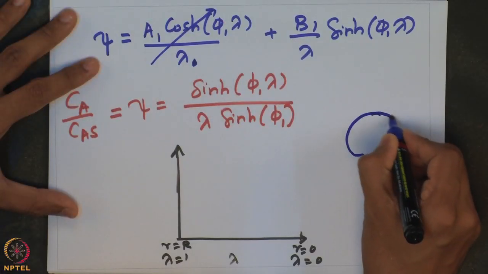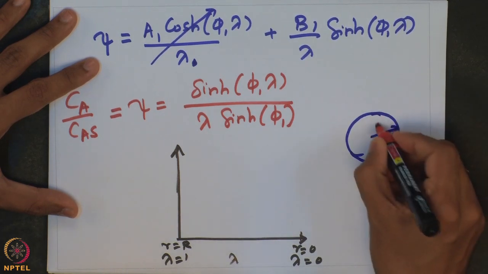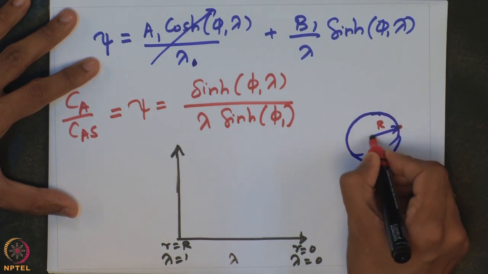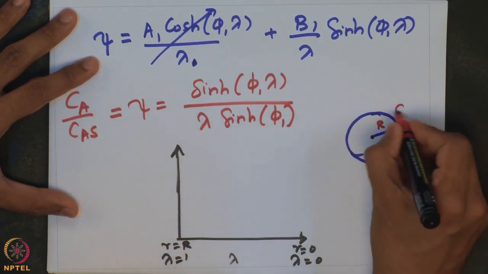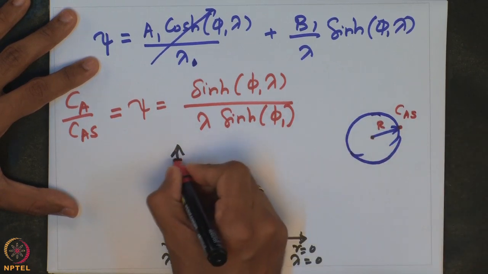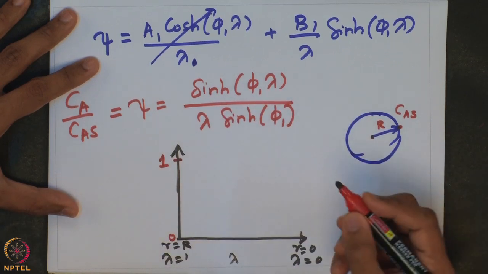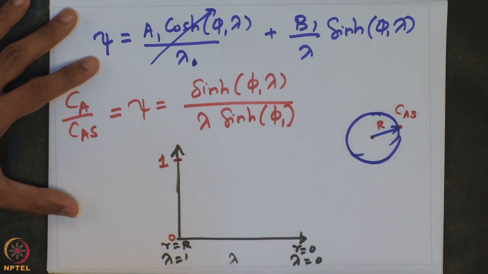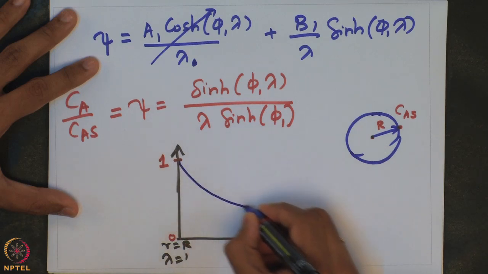Here is a pellet of radius R. The concentration at the surface is Cas, so this value should be equal to 1. This goes between 0 and 1, and the typical profile looks like this.